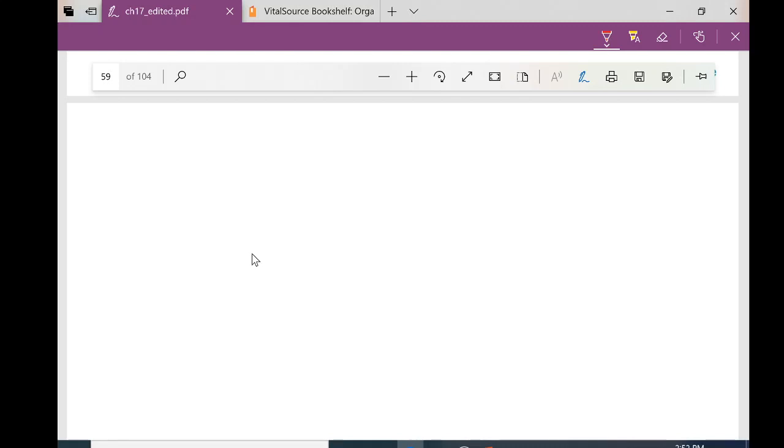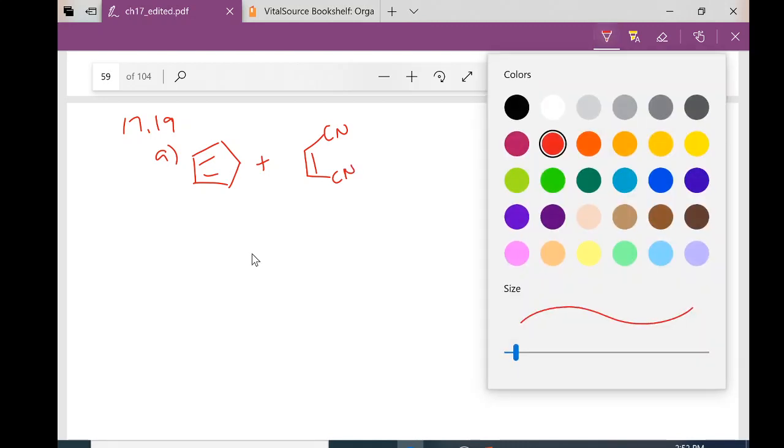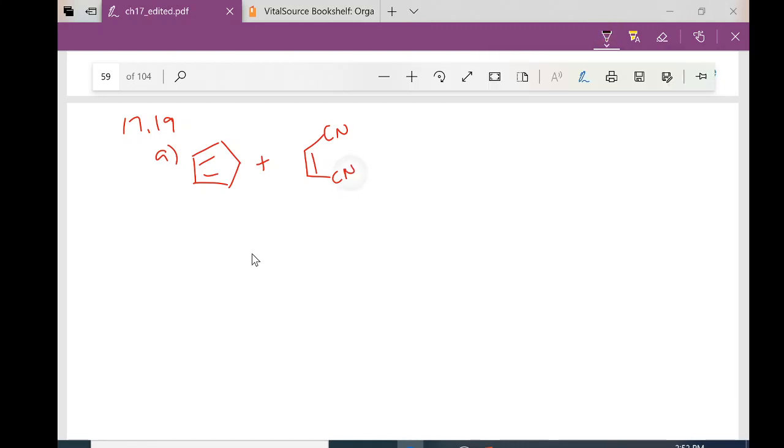Okay, so this is 17.19, and here's A. Okay, so first I'm going to draw it in a similar way to what we had before. We're going to form a bond between carbons 1 and 6 and carbons 4 and 5.